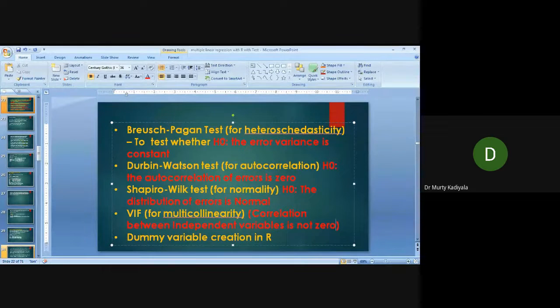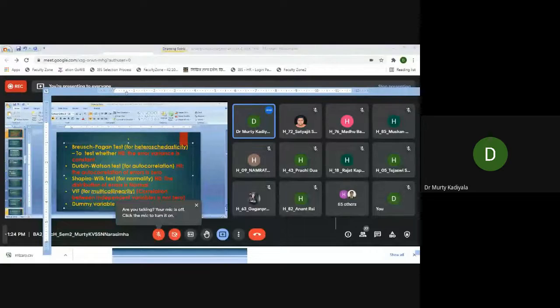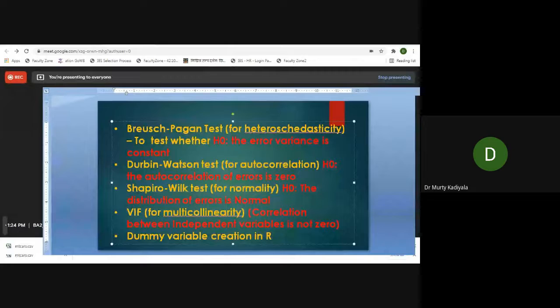Independent variables, please be sure. If the independent variables are correlated, you consider only one variable and drop the other variables which are related to it. Whatever variables are related to one of the variables you are considering in the model, drop the others, because the representative of all those variables is already in the model.